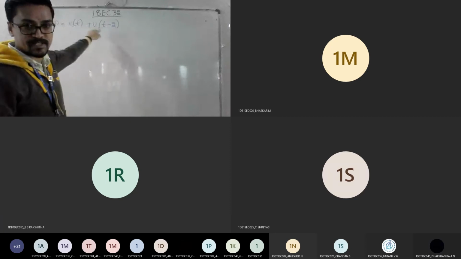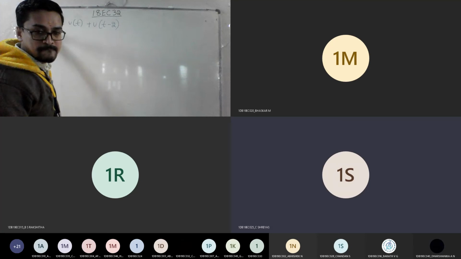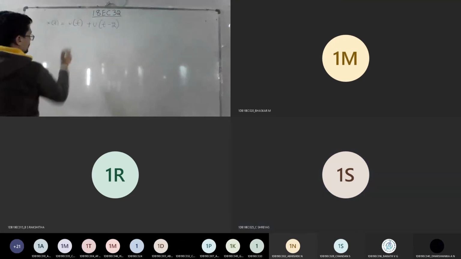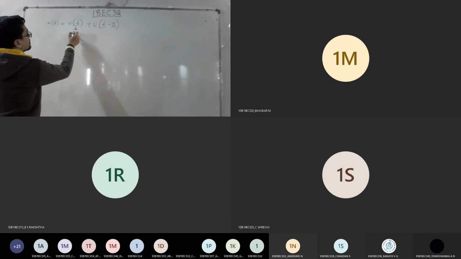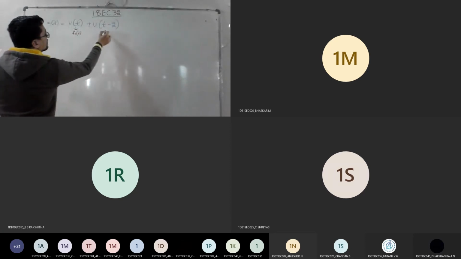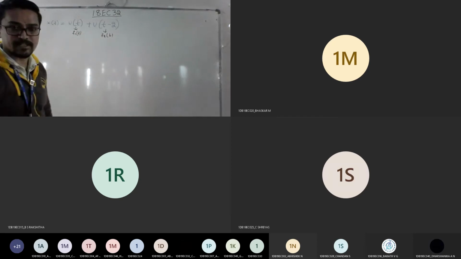If I add the first function and the second function, I should get my x of t as output, correct? What you should do is make separate functions f1 of t and f2 of t. So let's try to plot this as a waveform.